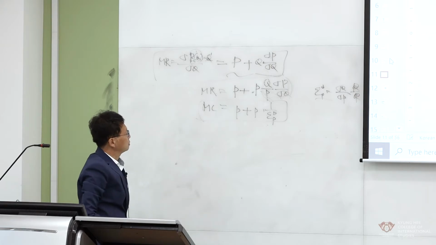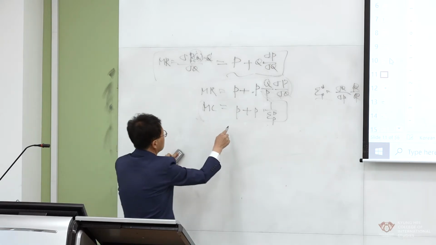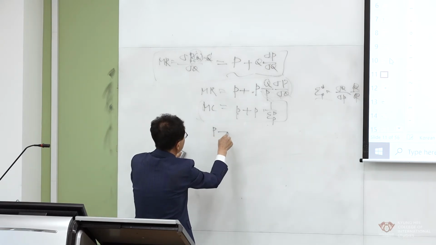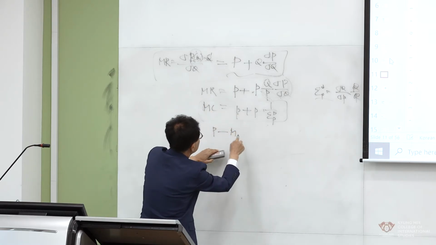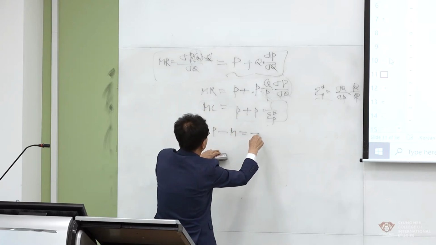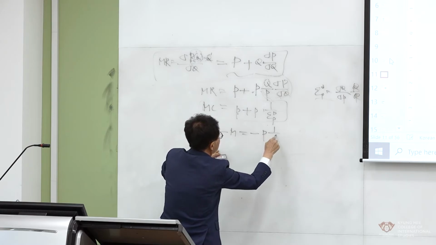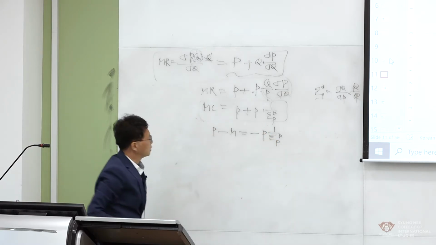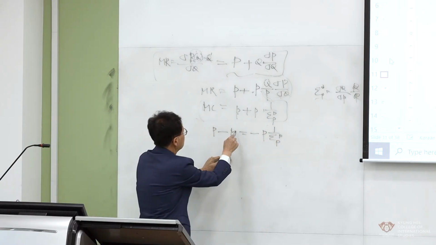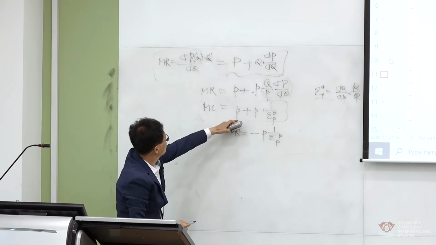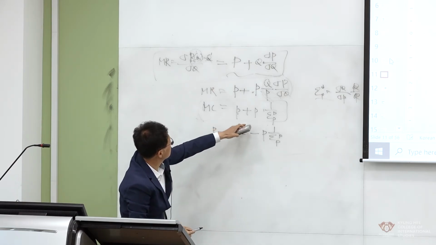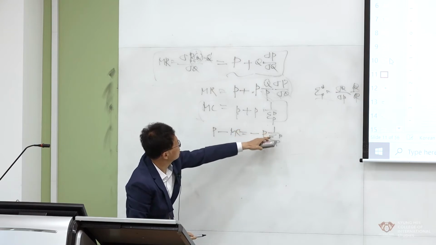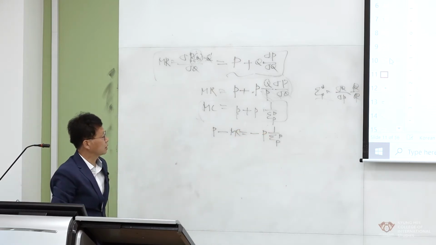This one is the same. Then what happened? Price minus marginal cost, moving inside of this, then minus price times 1 over price elasticity of demand. Right? Price minus marginal cost is equal to minus price times 1 over price elasticity of demand.